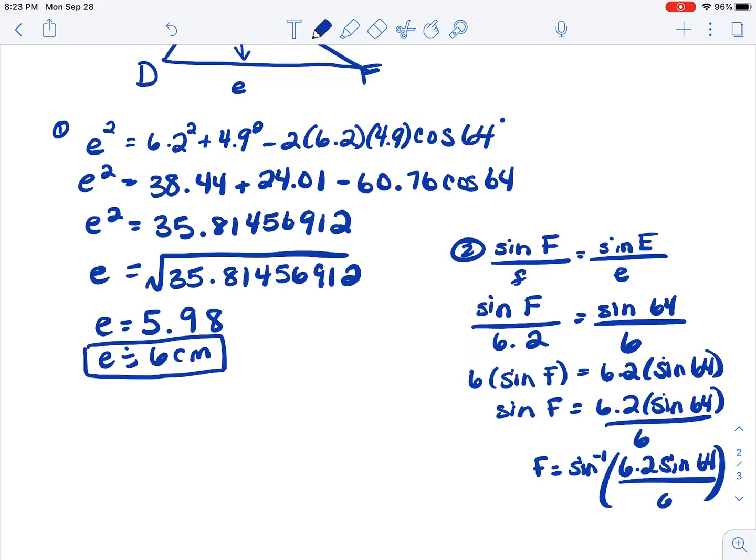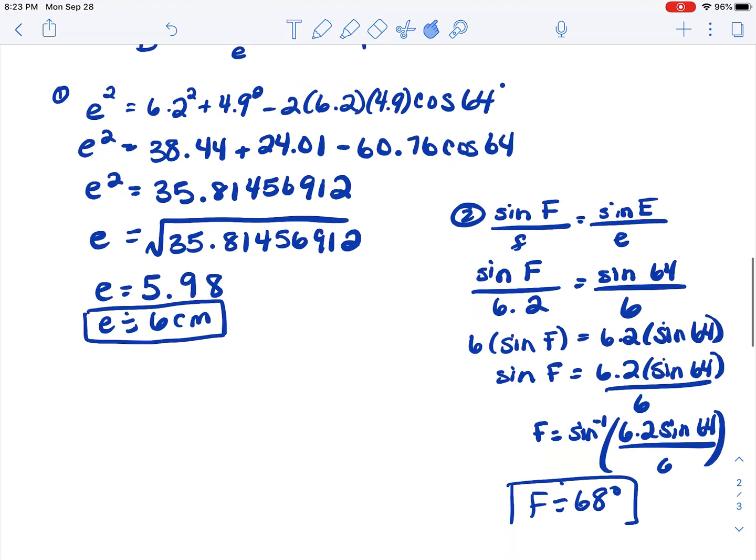Put in my calculator here, 6.2 times sine 64, divide by 6, second function sine. I get approximately 68 degrees for F.